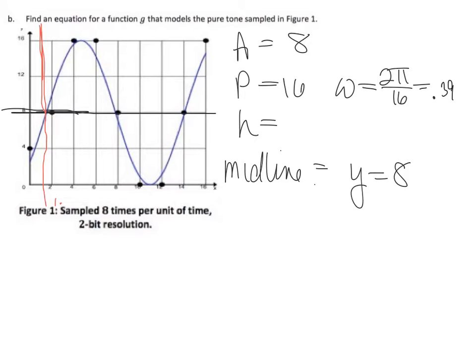We can keep it easy and do 1.5. That would be our phase shift, and we go from there, which means our period isn't exactly 16. Looks like we have a period of beginning to end: 2, 4, 6, 8, 10, 12, 12.5.